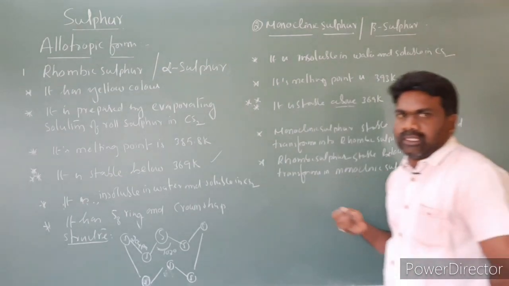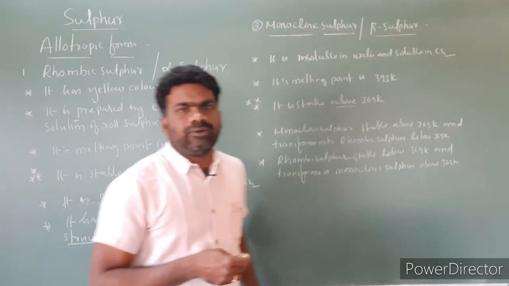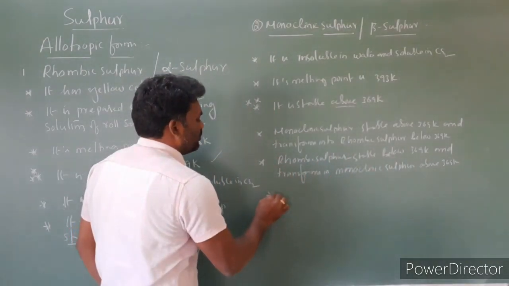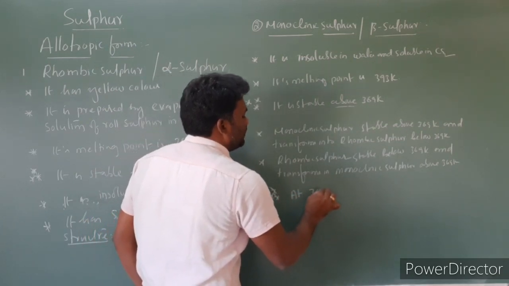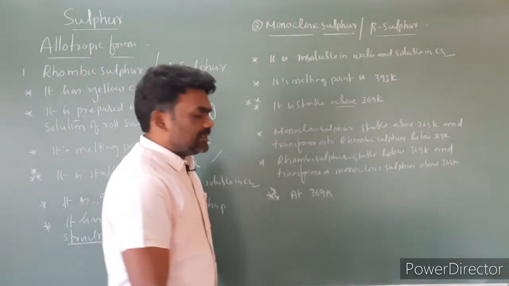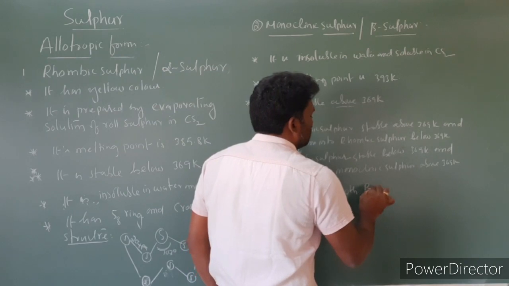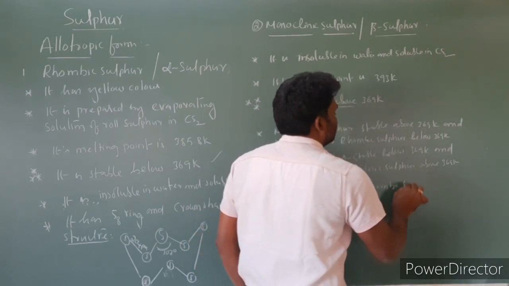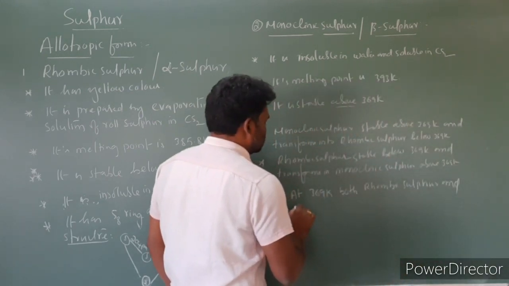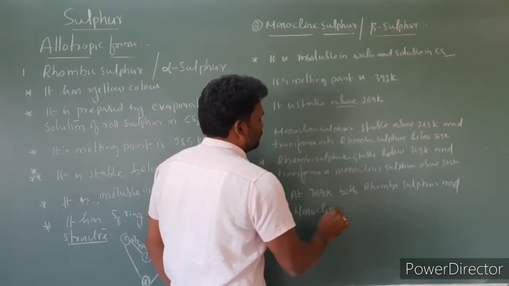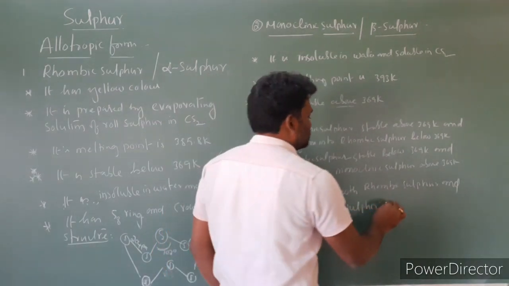At 369 Kelvin, both forms are stable. This temperature is called the transition temperature. Very, very, very important point. At 369 Kelvin, both rhombic sulfur and monoclinic sulfur are stable.